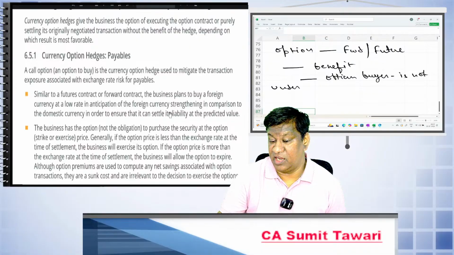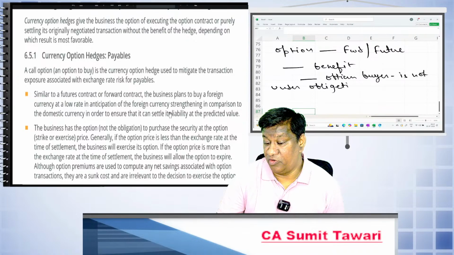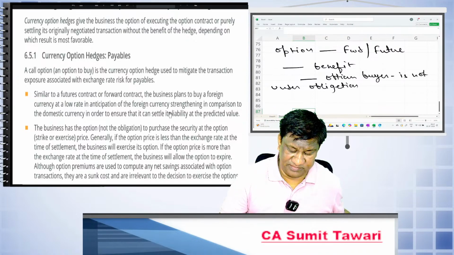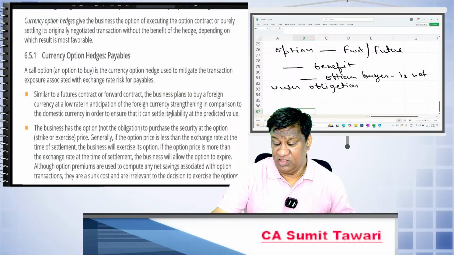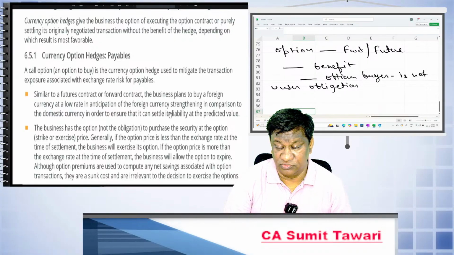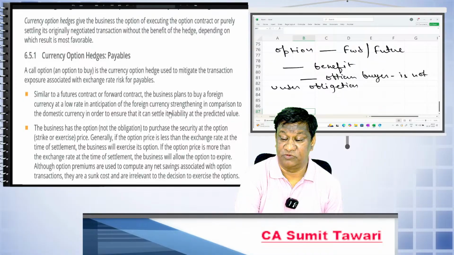It is at his option whether to execute the contract or not. He may let the contract lapse if the regular exchange rate is beneficial for him. So he may decide not to enter into the contract and let it lapse. That is the benefit available in case of the option.